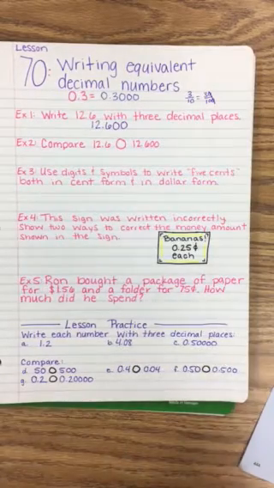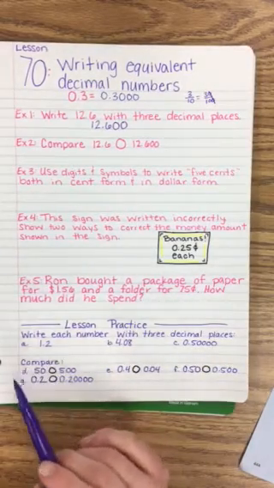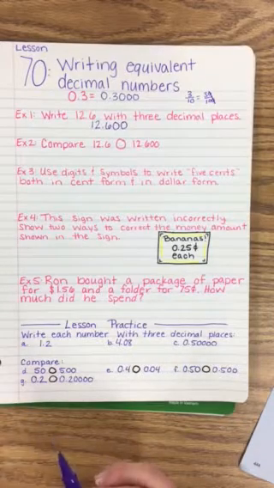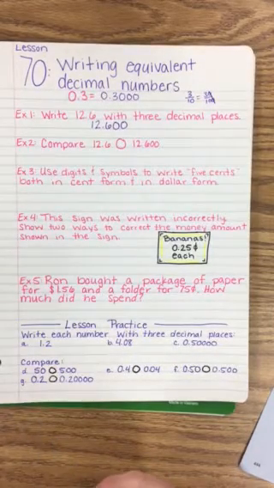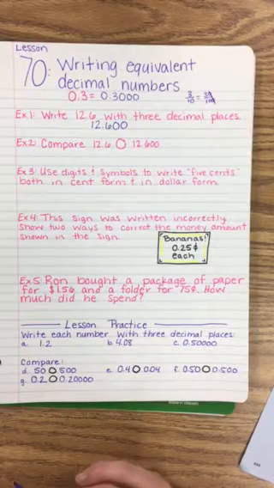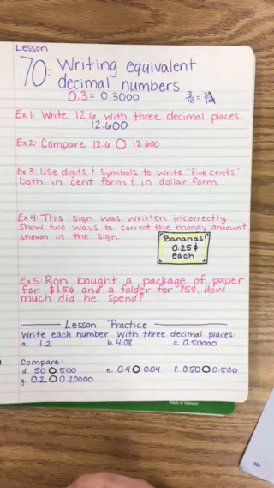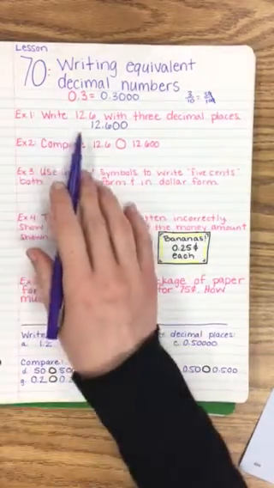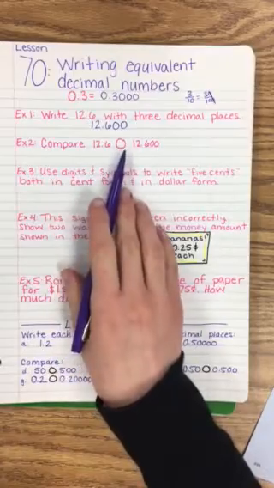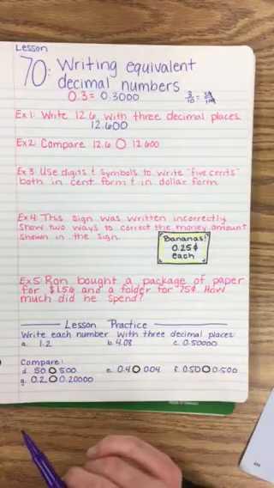Example 2. Compare 12.6 to 12.600. When we compare decimal numbers, we must pay close attention to place value. We use the decimal point to locate places. We see that the whole number parts are equal, but the fraction looks different.